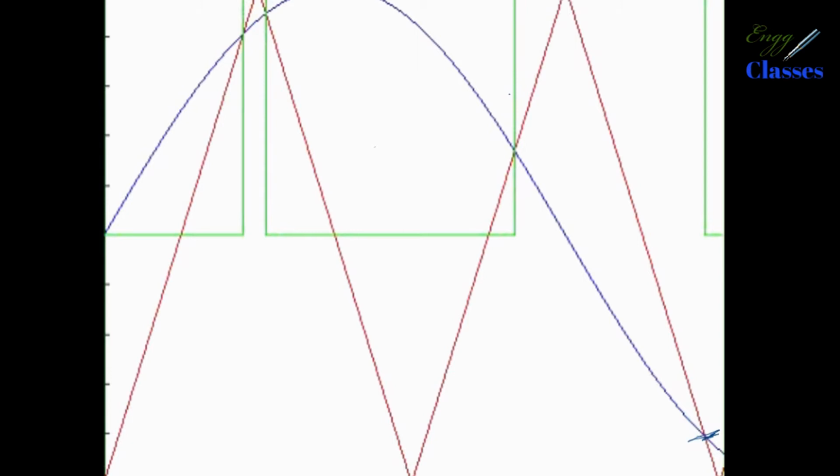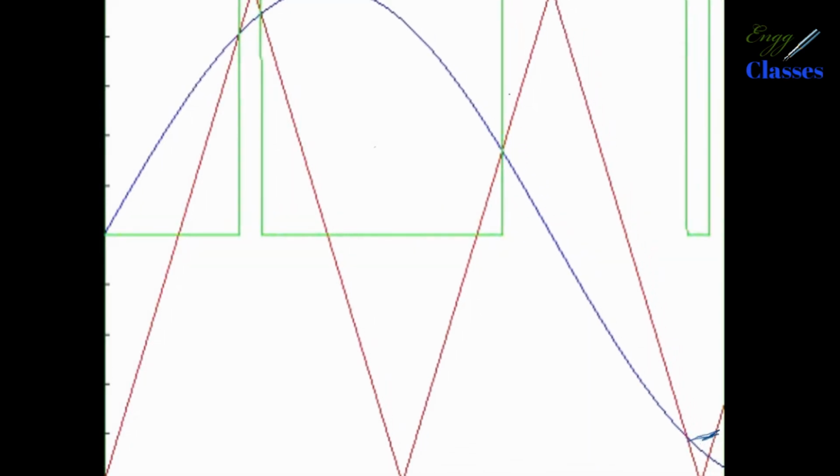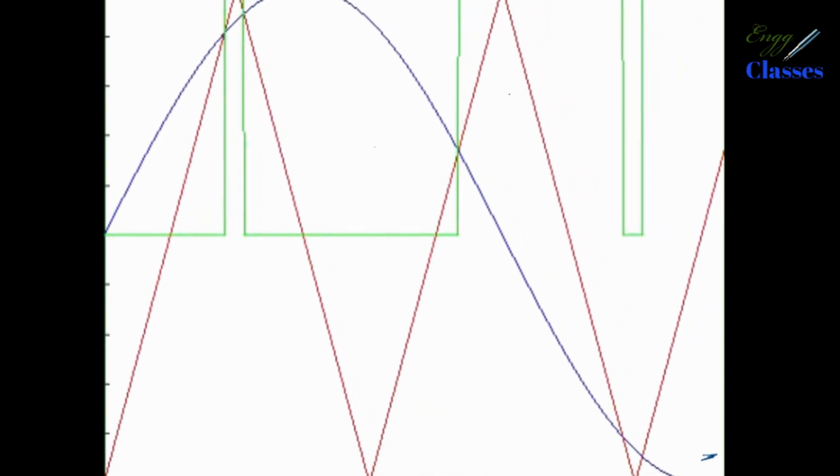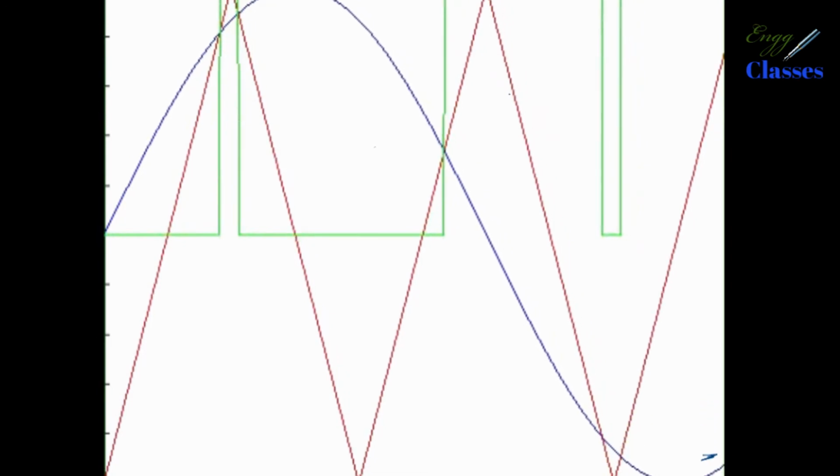Again, at this instant of time, the condition is changed: the amplitude of the carrier signal is higher than the amplitude of the modulating signal. As a result, the trigger pulse is set to high.